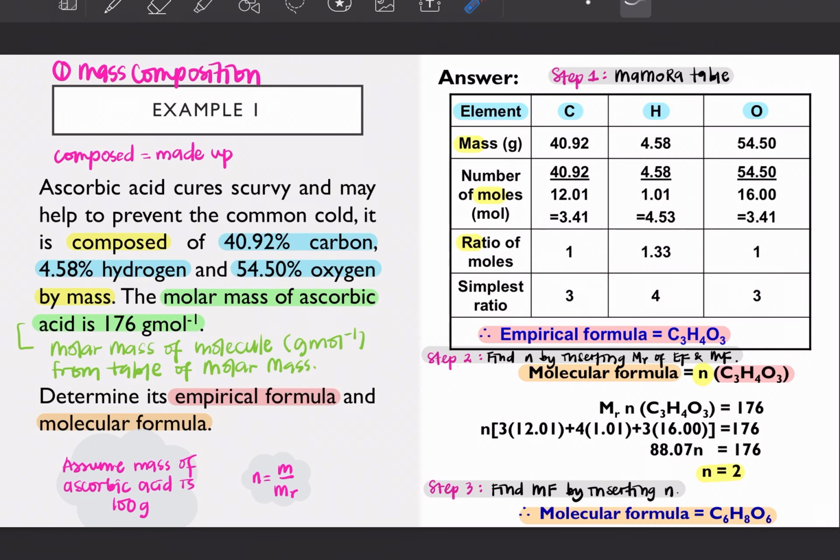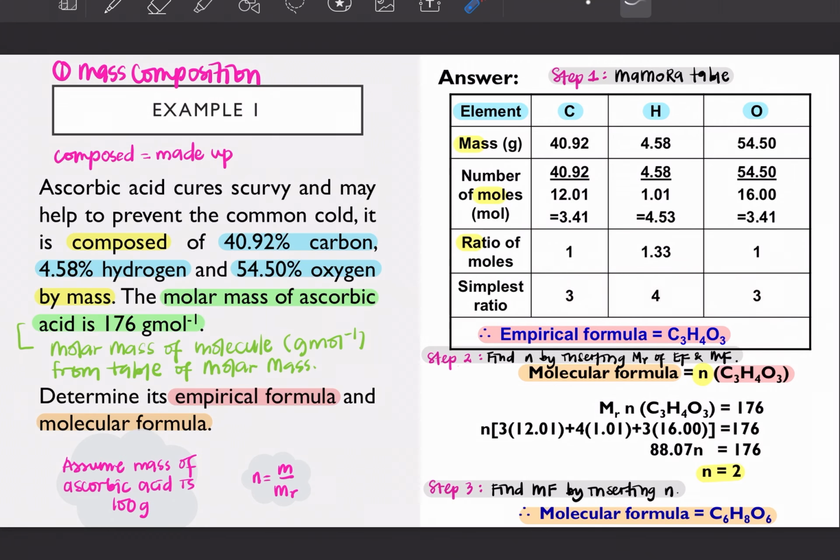Next, we will find the simplest ratio. Why do we have to do this? Because this number here is a decimal. We don't want to write our empirical formula, tulis H 1.33. That's weird. So what you're going to do is you are going to times with maybe the number 2, test out. And then times with number 3 kalau sampai awak dapat whole number.